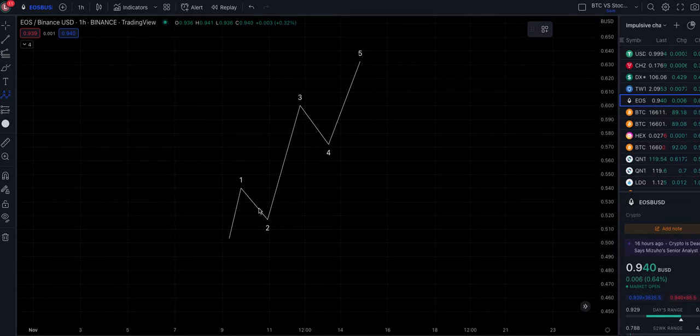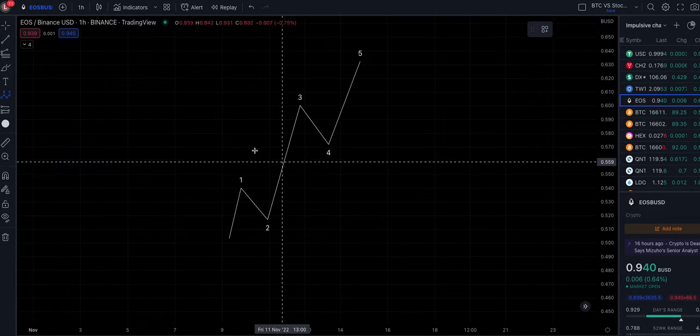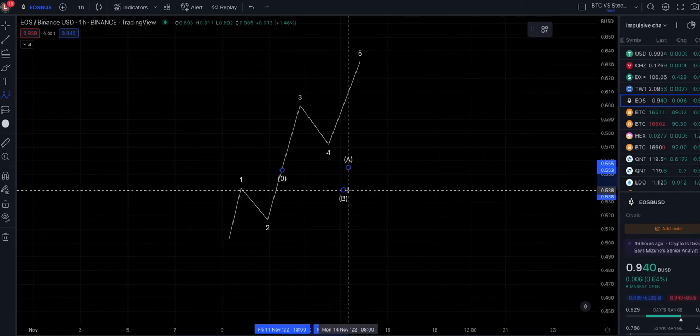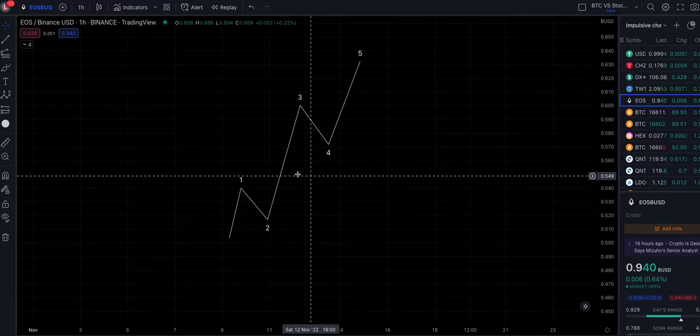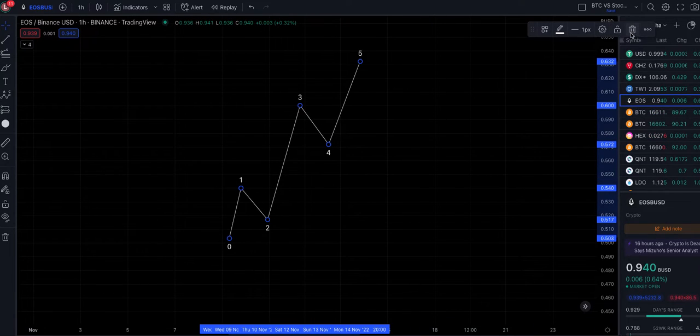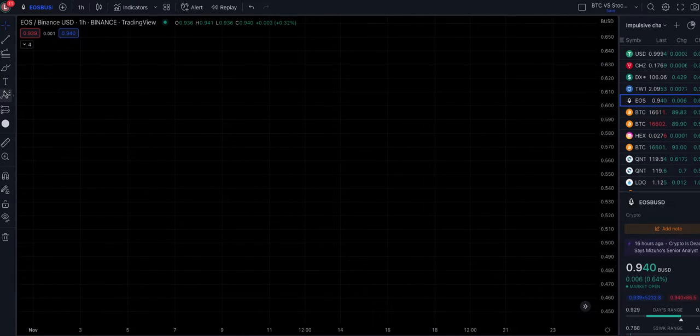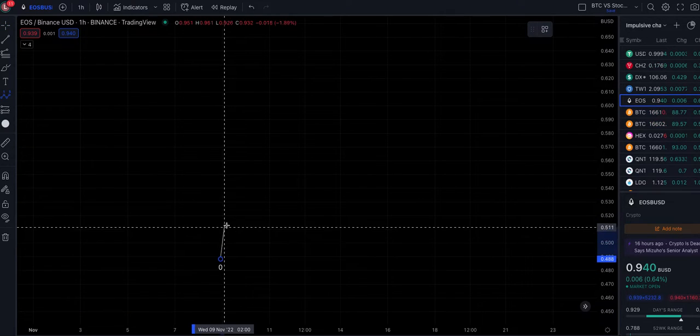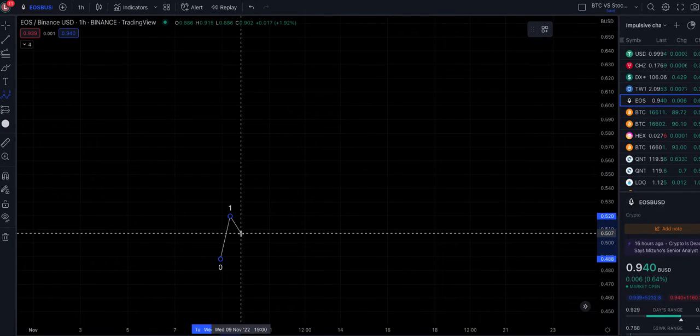Okay, so with Elliott waves, we're going to do basic Elliott waves at first. I'm not going to go into any technical stuff, I'm just going to show you. In any wave that happens, if it's an impulse wave, we would get 5 waves to the upside. So a wave 1 and then a wave 2.